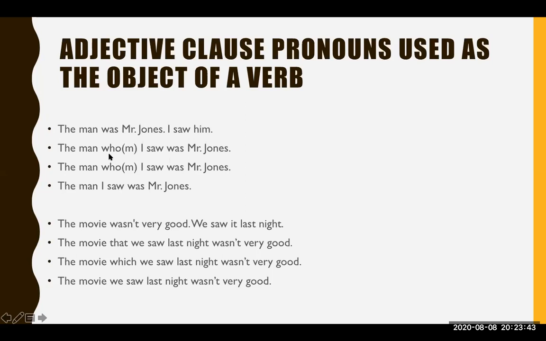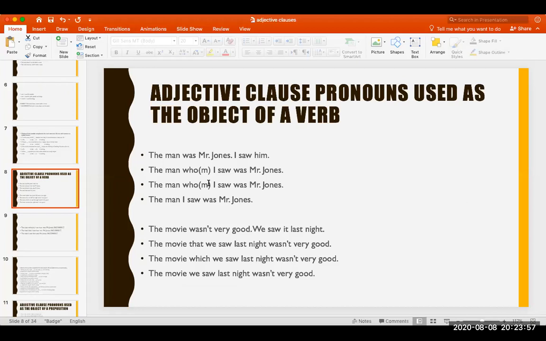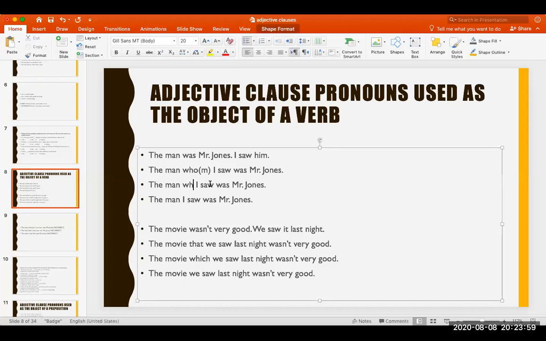The man whom I saw was Mr. Jones, or the man who I saw was Mr. Jones. You can replace who and whom here with that. So the man that I saw was Mr. Jones.